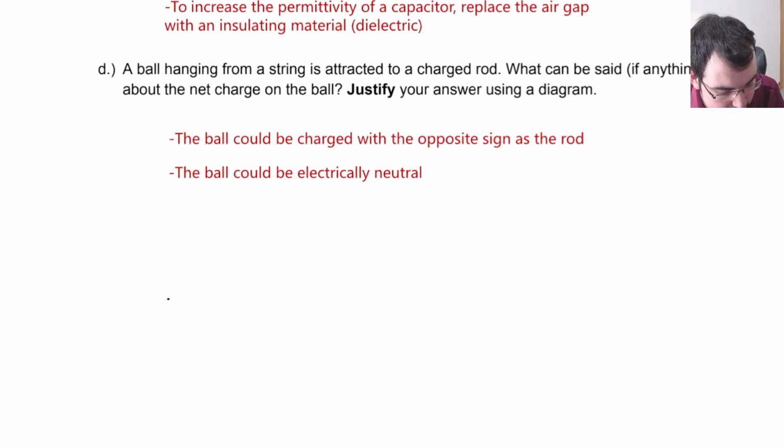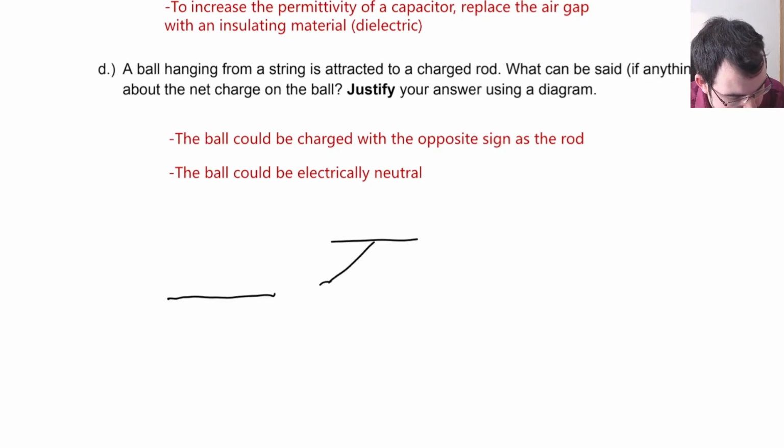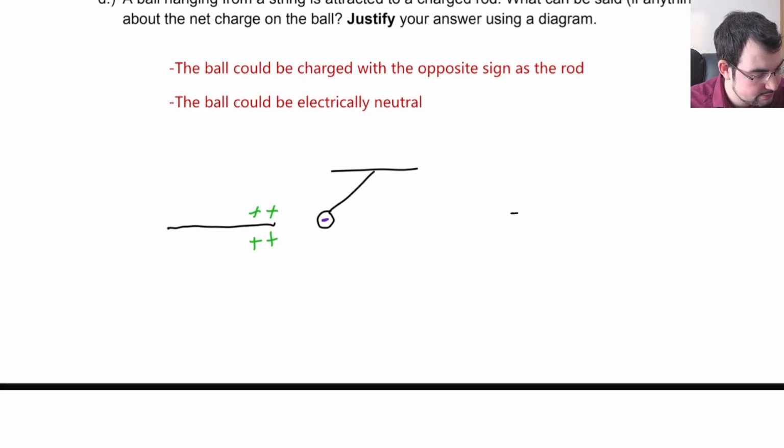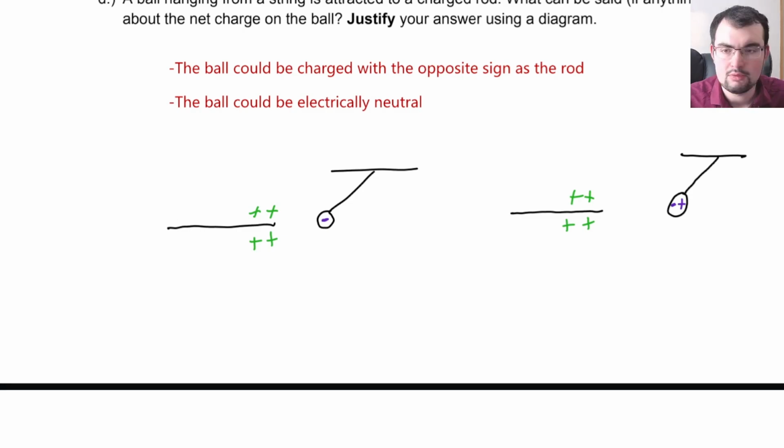So we could totally have something like this. Like, that's definitely a valid scenario that could exist, right? But we could also just as easily have something like this, where we still have a positively charged rod, but we could actually have a neutral ball where the charges polarize in there, where we get negatives on one side and positives on the other.